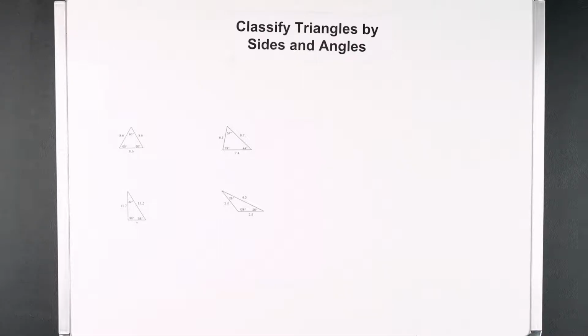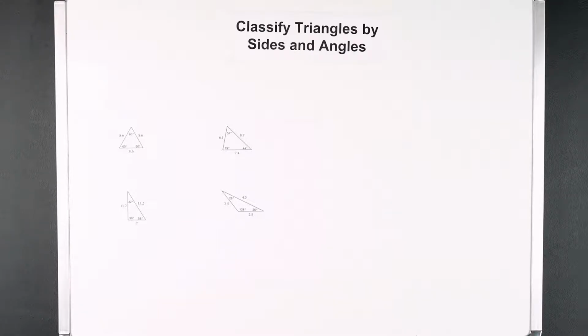Now let's talk about classifying triangles by angles. You have a right triangle when you have an angle in the triangle that has a measure of 90 degrees. You have an acute triangle when all of the angles in the triangle measure between 0 and 90 degrees.